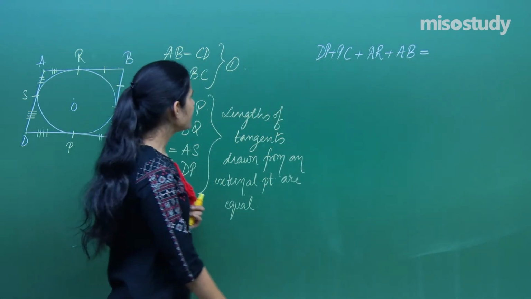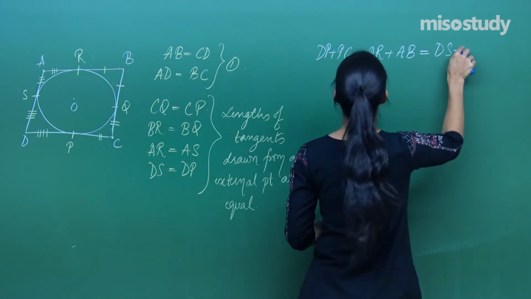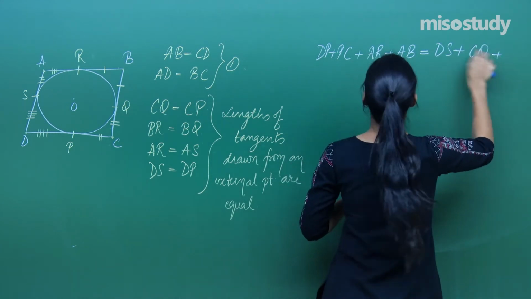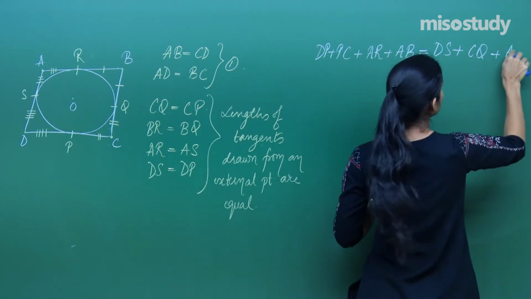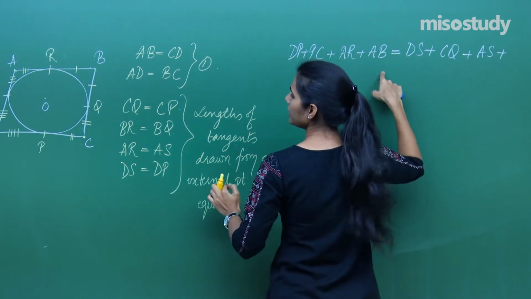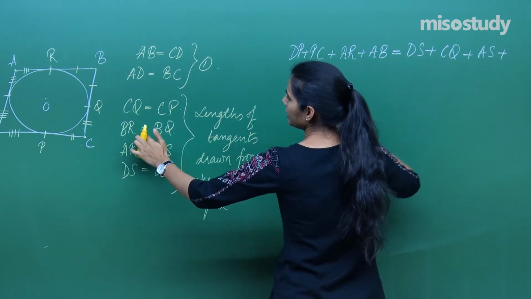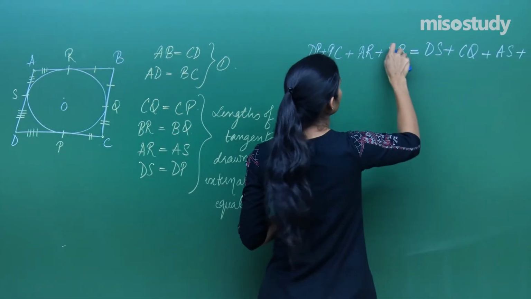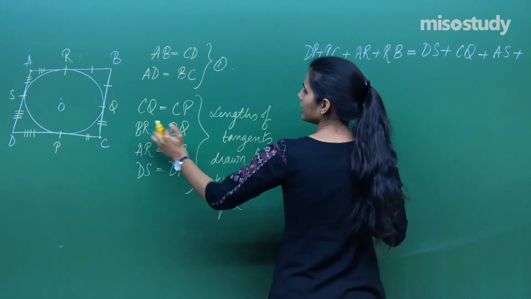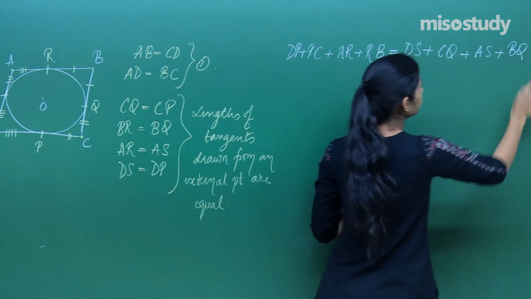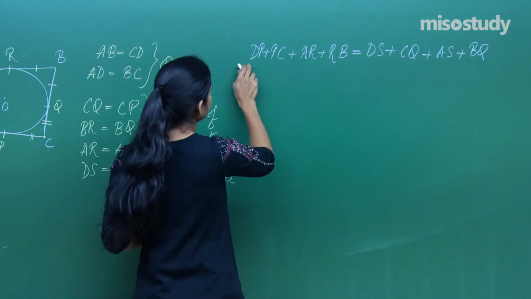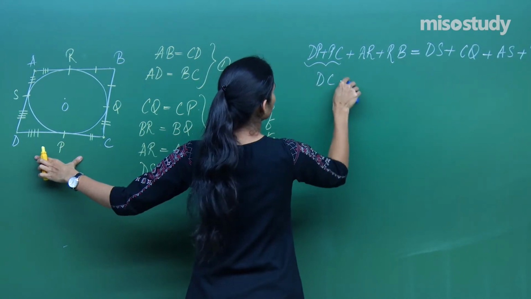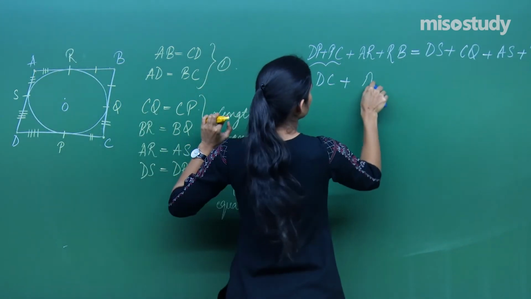DP is the same as DS, PC is the same as CQ, AR is the same as AS, and RB is the same as BQ. This you will be getting. DP plus PC is DC, AR plus RB is AB.